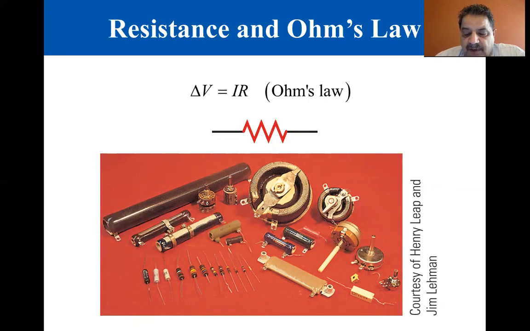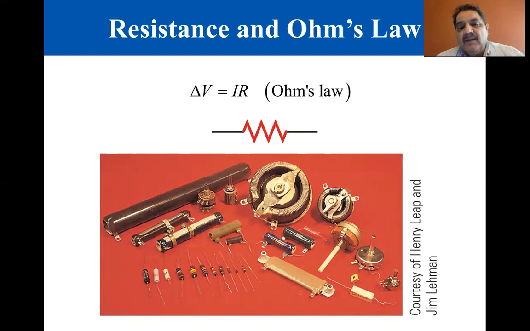A resistor is a conductor that provides a specified resistance in an electric circuit. The symbol for resistor in circuit diagrams is a zigzag line shown in the figure above the picture. The bottom photo is an assortment of different types of resistors.